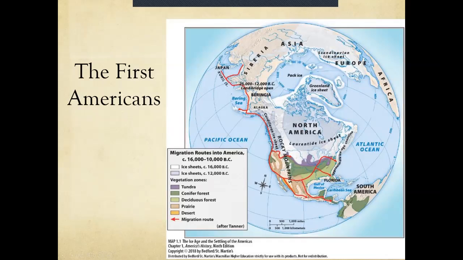As they're settling here, eventually there's going to be migration farther to the south, where you're going to have more temperate climates and areas more suitable for farming and agriculture. So the movement of people is actually to the south and from the west to the east.